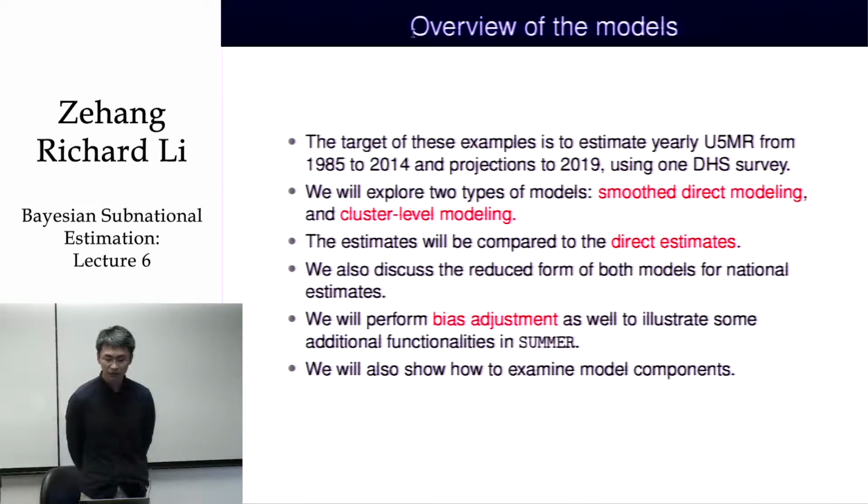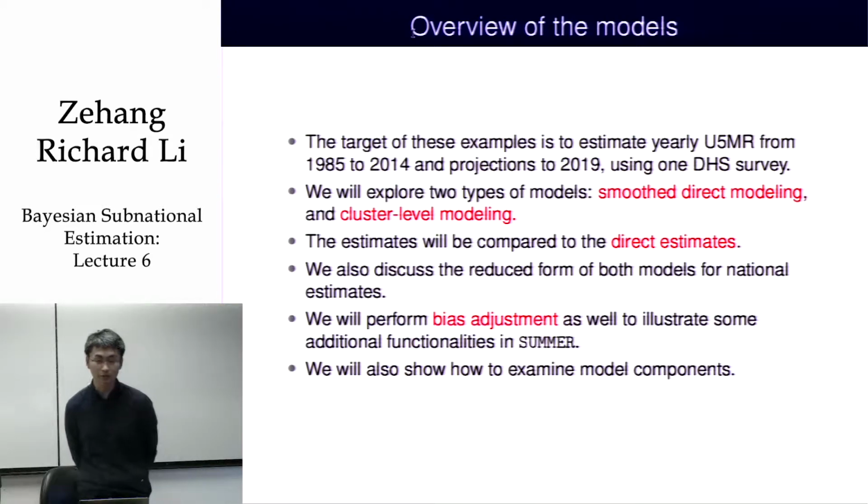Okay, and then of course at the end of this lecture, we'll compare all of those estimates and some of the other things which we haven't really talked too much about in previous lectures. We will also fit the reduced form of both models, so we get the national estimates.